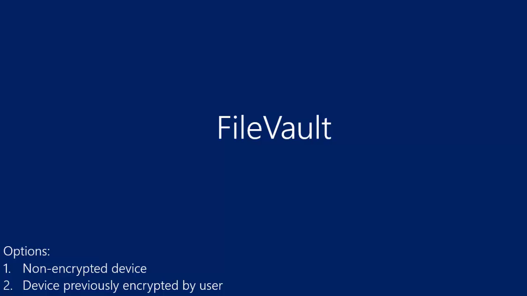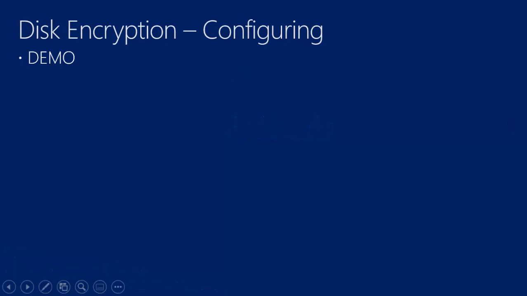So I'm not going to show you both of the scenarios. I'm just going to show you what I did to set up the device encryption on my Mac. There are some details you'll see in the configuration that show you how you can do different things, right? But the documentation is certainly more detailed depending on what scenario you find yourself in.